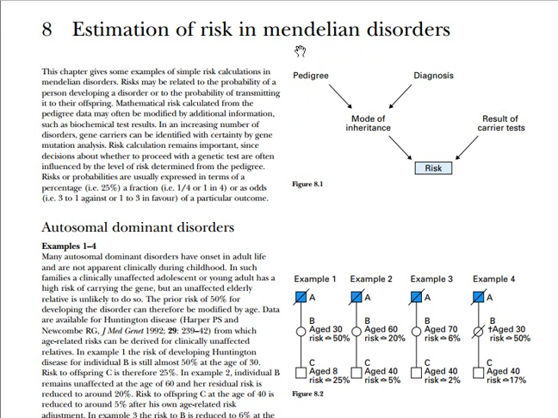Now, after drawing the pedigree, you have the mode of inheritance. You should know which disease you are talking about. The consultant doesn't want to speak about all the diseases of the world, you want to speak about a particular disease. You draw the pedigree and you know the mode of inheritance.